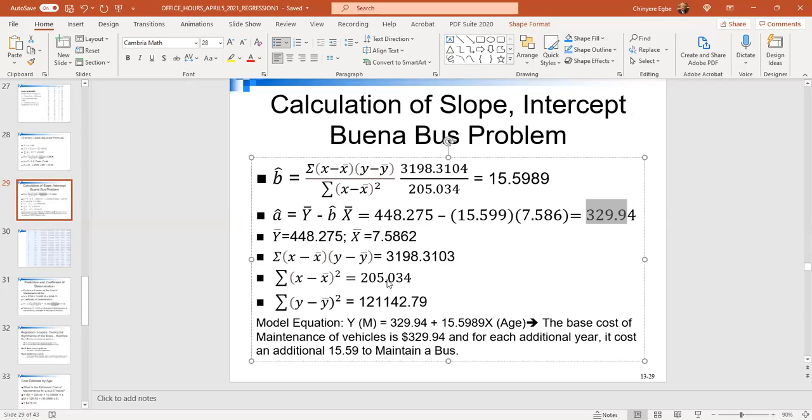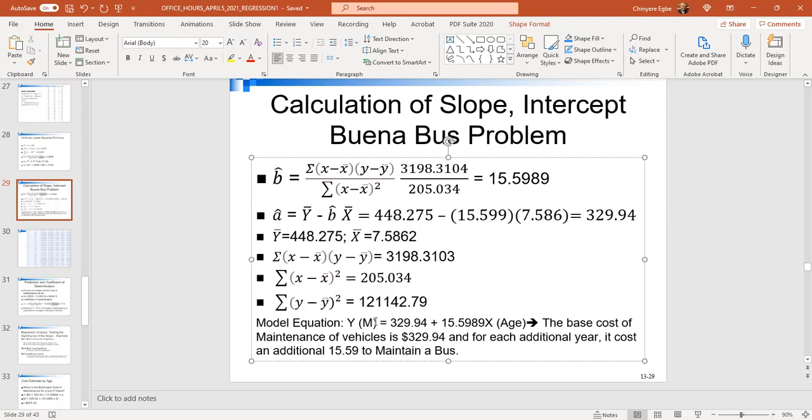So now you use the a hat, which is 329, and the b hat to create an equation. Remember the equation we had, y is equal to a plus bx. So this is the model equation: y is equal to a, which is your a hat, 329, plus b, which is your b hat, times x, which is the age of the bus.